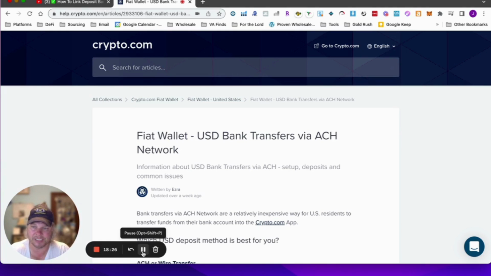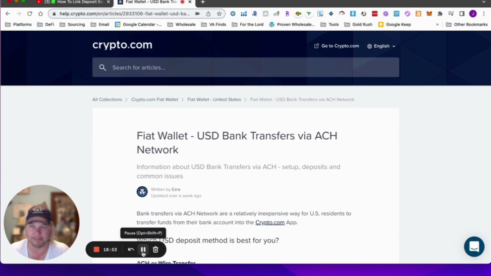This is step 3. Step 3 is basically attaching your bank account to crypto.com through ACH. Call your bank if you don't know how to do that online. If they don't allow you to do it, period, to someone like crypto.com, then you're going to want to find a bank that can.